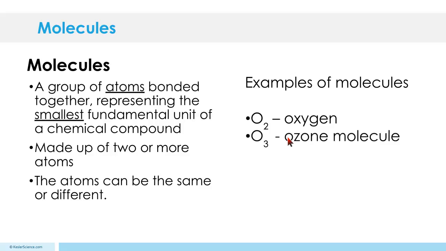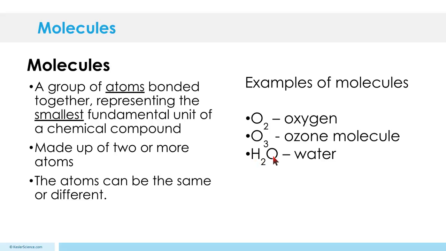There's ozone molecule O3, 3 oxygen atoms. And our favorite, our lifeblood, moment of silence while I take a drink of H2O. So refreshing. Anyway, H2O. 2 hydrogen atoms, 1 oxygen.